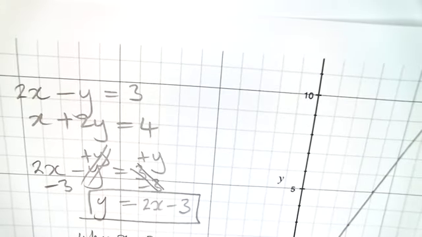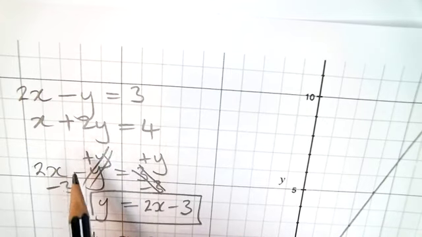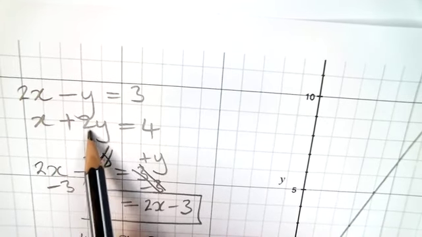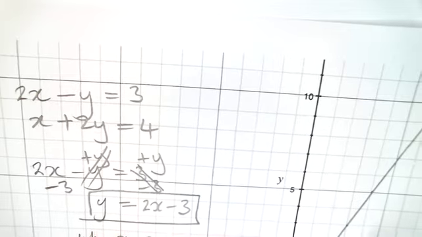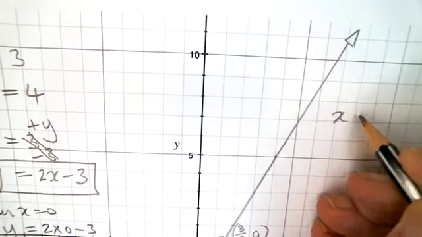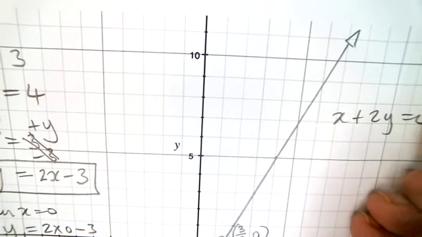Let's do the second graph: x plus 2y equals 4. This is nice and simple to do, so I'll do it over this side here. We've got x plus 2y is 4.